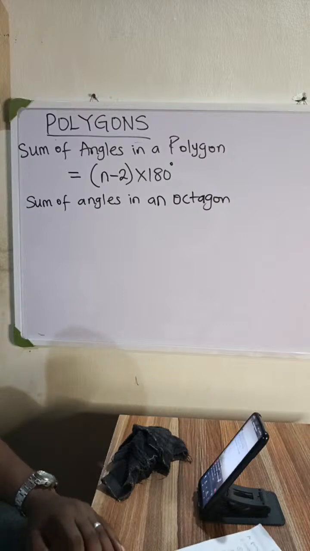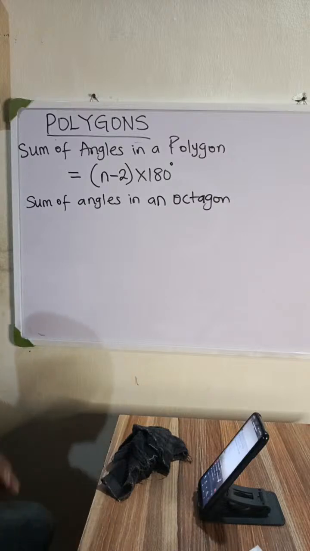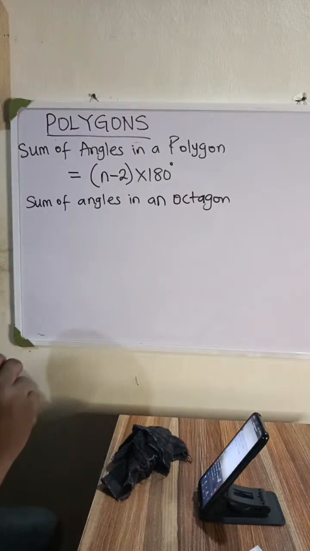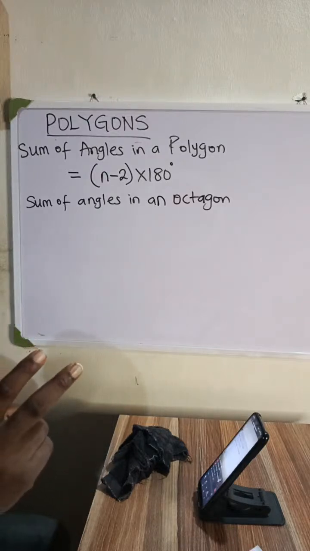Okay, very good. So we've seen what a polygon is, we've seen the types of polygon, and we've seen how to calculate sum of angles in a polygon. But now we are going to also classify polygons based on 2 criteria.